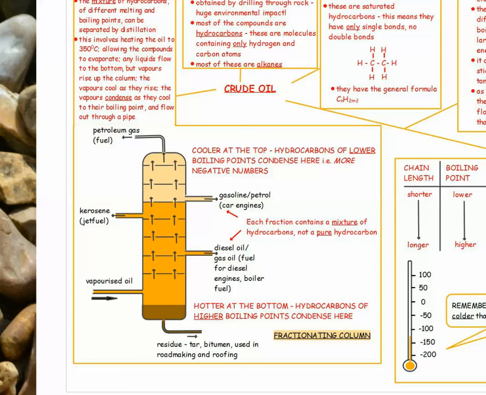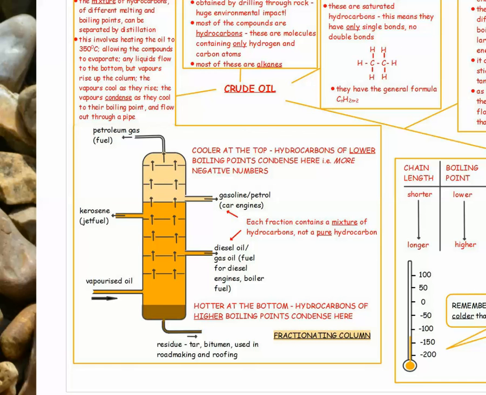So here we have a fractionating column, and in principle, because it's cooler at the top, hydrocarbons of lower boiling points condense here. So if it boils or condenses at a lower number, at a more negative number, it'll rise up the column and it'll condense here.